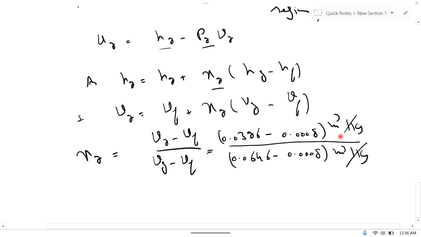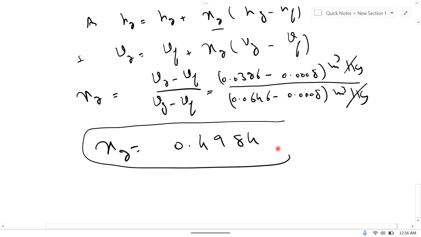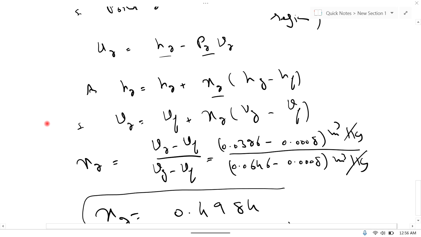The units will cancel, and X2 will be equal to 0.4984, with no unit. This is X2.